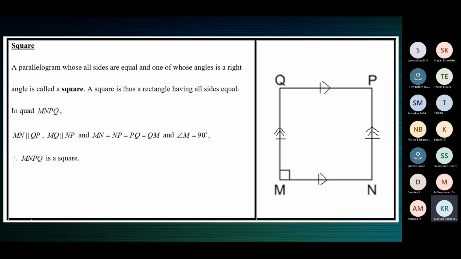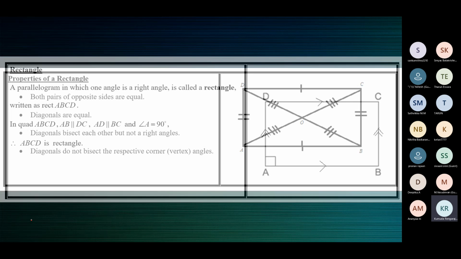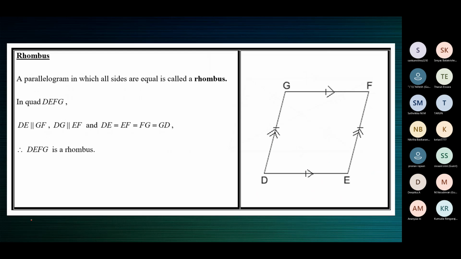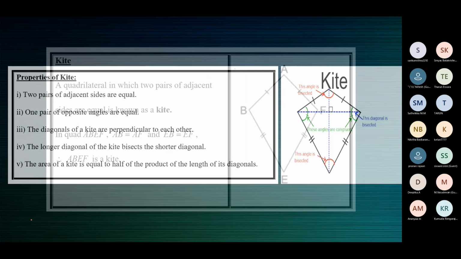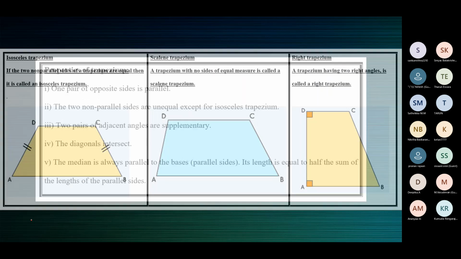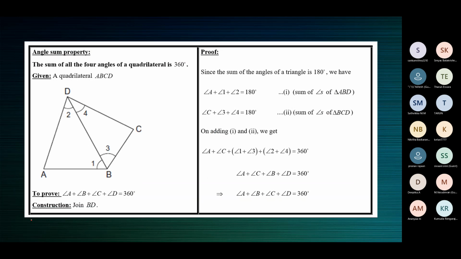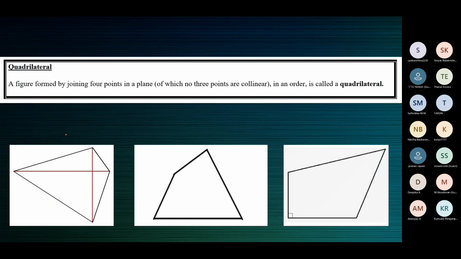So let's recall these are about the properties. Let's recall the definitions again. So these are the keywords: all sides equal, and right angle.